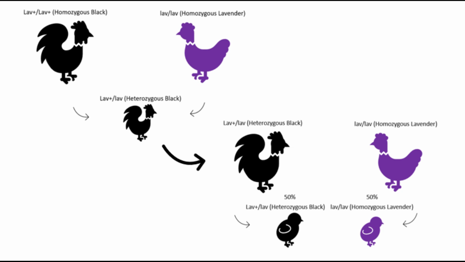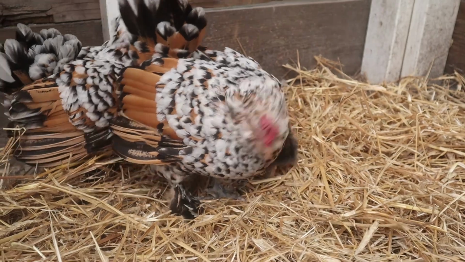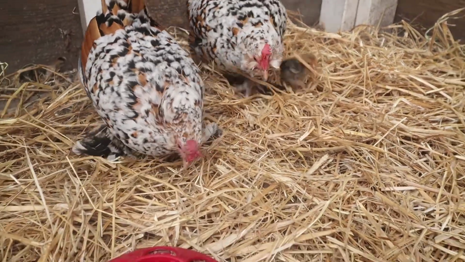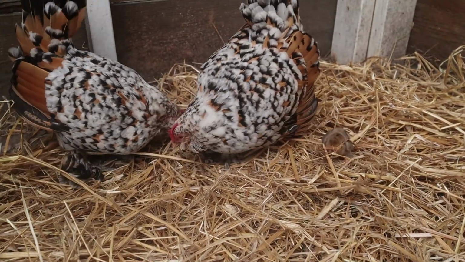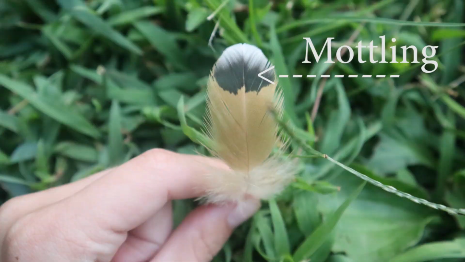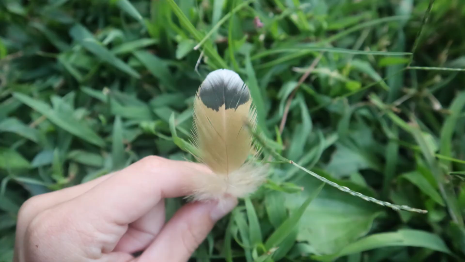However, if you already have a recessive trait in your line and want to focus on another trait without losing the existing recessive trait, by buying a bird that already has that existing recessive trait, you know for sure that you will not lose that recessive trait you are trying to keep. For example, mottling is recessive. If you have mottled hens and buy a mottled rooster, or vice versa, all of the offspring will definitely be mottled, so you don't have to worry about losing the mottling.